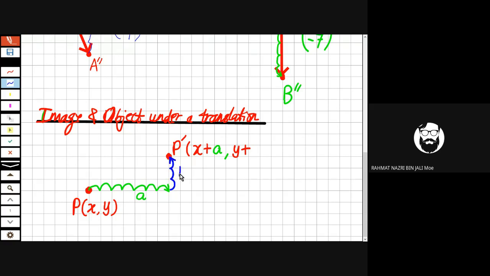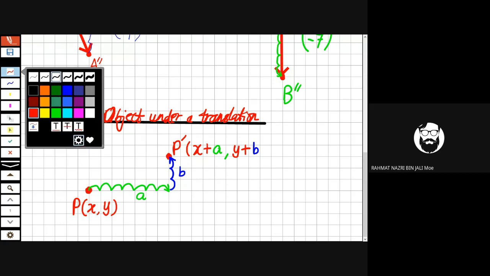Let's say this one is B. So y coordinate for the image is y coordinate of the object plus with the movement B. Okay, dah.